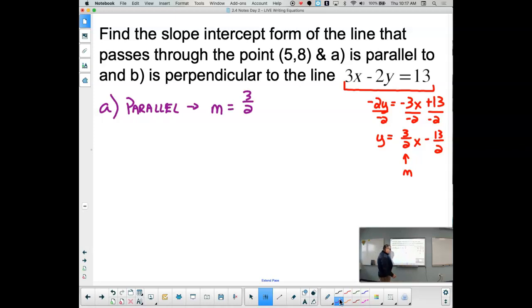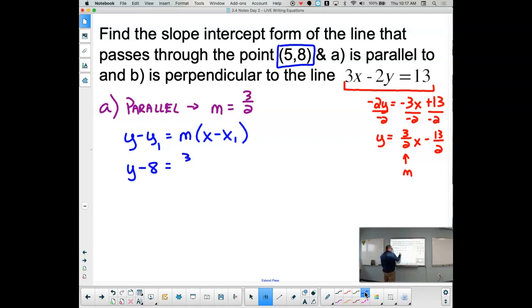And I go through and I do my y minus y sub 1 equals m times x minus x sub 1 formula. I'm using this point right there in both cases. So y minus 8 equals 3 halves times the quantity x minus 5.